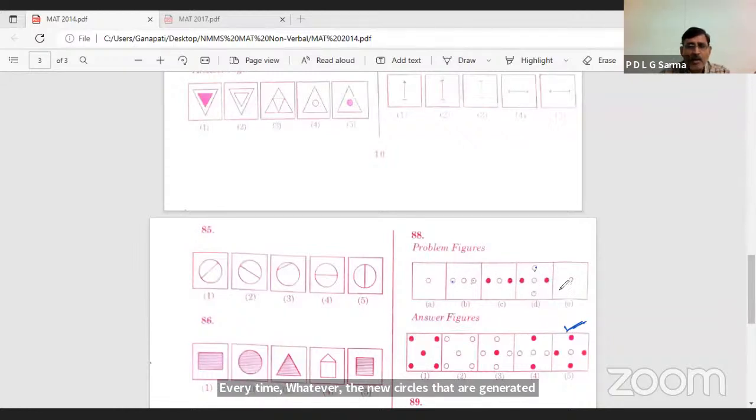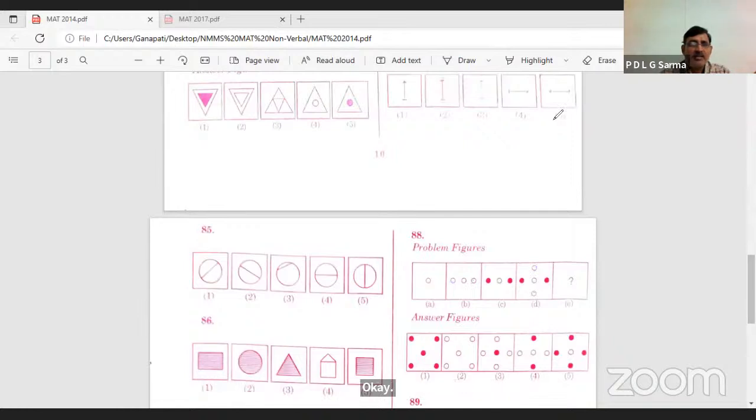Again, new circles are formed, and they are shaded. Like that also you can understand it. Now let us go for the next.